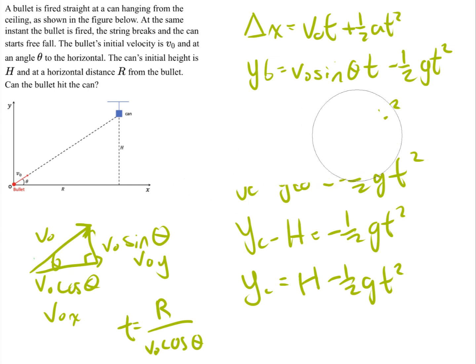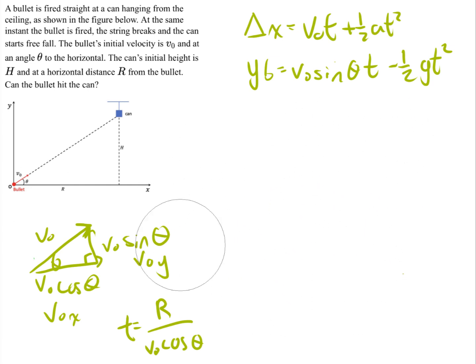So I'm going to rewrite that up here. The y position of the can at any given moment is the height minus 1/2 gt squared. So now that we have that, we need to figure out the change in y, or the distance in y position between the two.